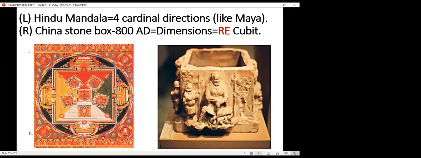The stone box on the right, when I measured the inside depth, width, and height, it all turned out to be the Egyptian cubit influence here, all the way to China.